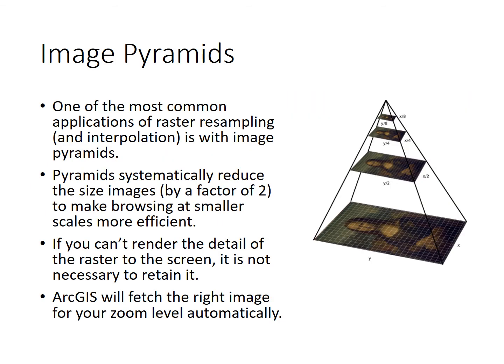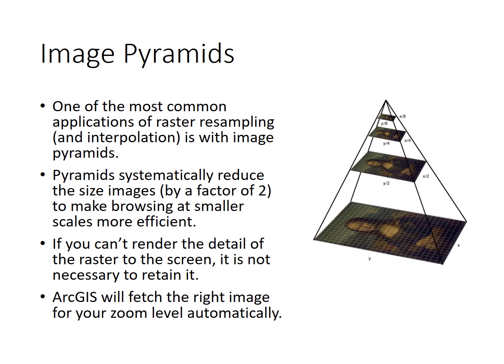Image pyramids are kind of the last major topic that I wanted to talk about. So you probably have run into these things via a dialog box that I'll show you here in a second. Every time you load a raster, it might prompt you and say, "Did you know that we don't have any image pyramids for this, and would you like me to calculate them for you?" Most people just hit OK, but they don't really understand what it is. So this is what it is.